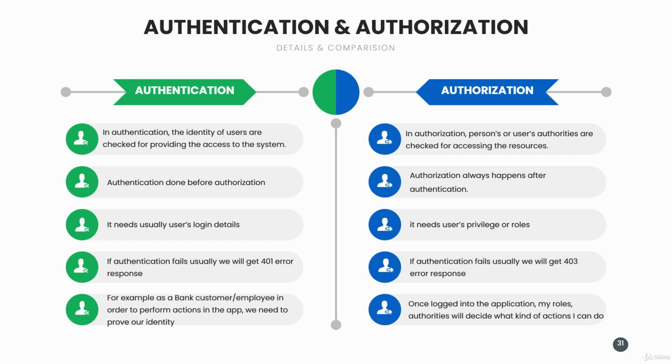Whereas authorization means once I have authenticated a person to come into my application, there might be different roles, access rules, and authorities that I might have defined, like this user should act like an admin, this user should act like a normal customer. There are many terminologies, like some applications call it supervisor, customer, user. So based upon these authorities and roles, we should control what action a user should perform inside our application.